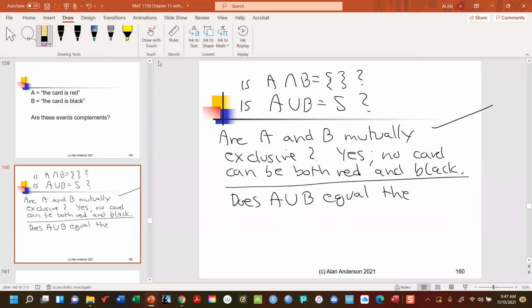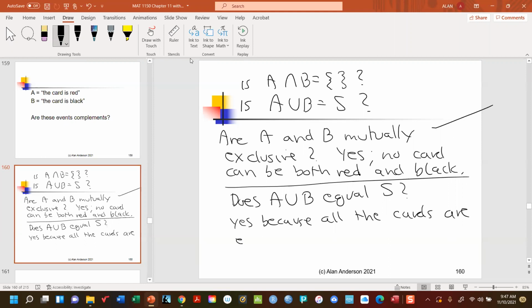I'll just put equals S. Yes, because all the cards are either red or black. And so that's a big yes as well.